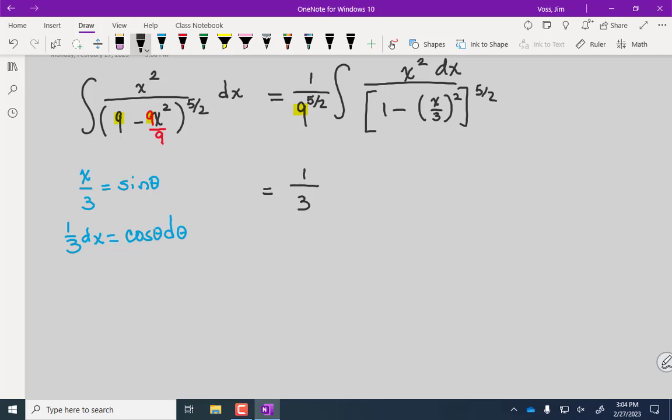So let's just do it one step at a time. We'll have 3 to the 5th. For x squared, if we look right here, x is going to be 3 sine theta. If we square it, we're going to get 9 sine squared. And then if we look at the dx, dx is going to be 3 cosine of theta d theta.